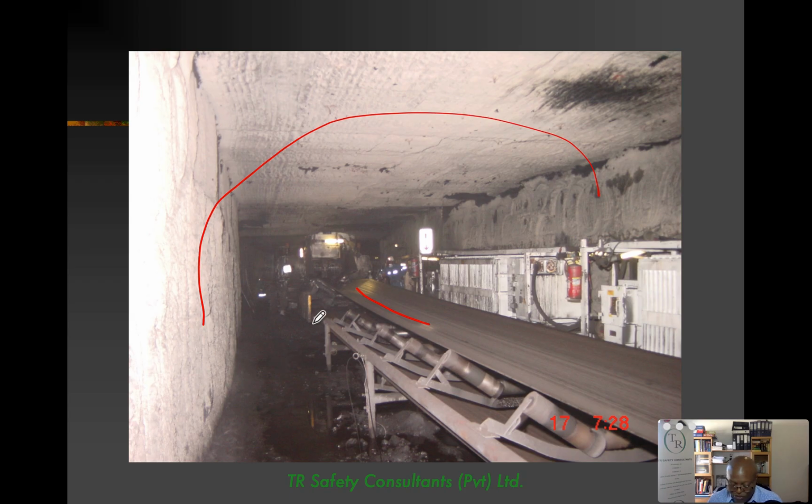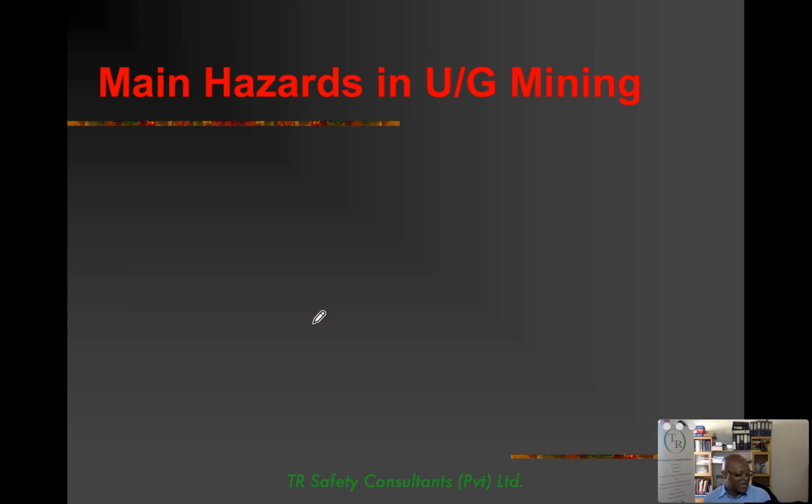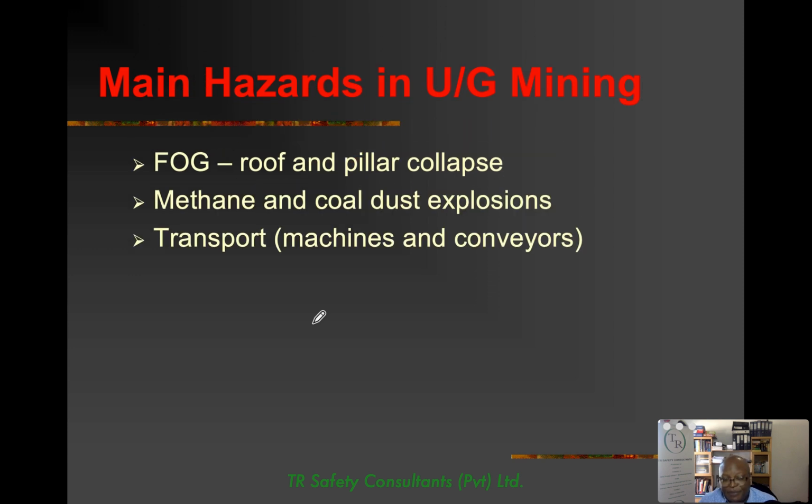So what are the main hazards in coal mines? Three main hazards. This is your objective number 5. Fall of ground, roof and pillar collapse. That's hazard number 1. We're going to look into those in a bit of detail. Methane and coal dust explosions. Yes, it's coal. It's called methane, and the coal dust itself is quite dangerous.